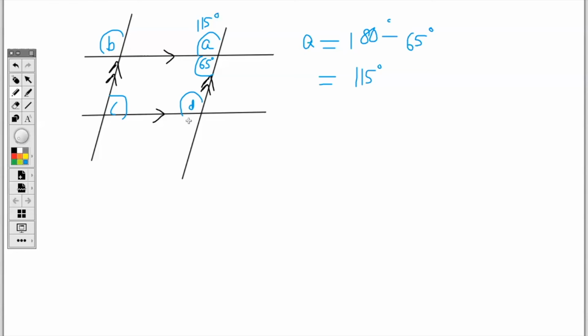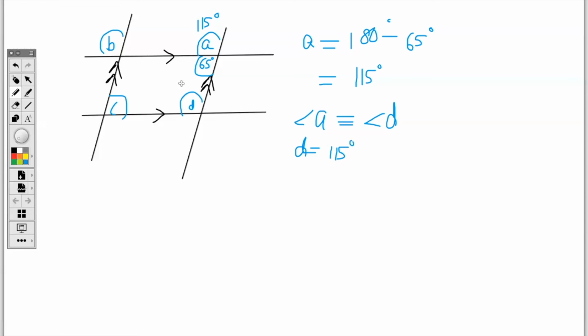Now I can take into consideration the transversal line and two parallel lines. So these are corresponding angles for A and D. They correspond. So it means that angle A and angle D are the same. And in this case, because you have the parallel lines and the transversal line, it means that D is 115 degrees also.